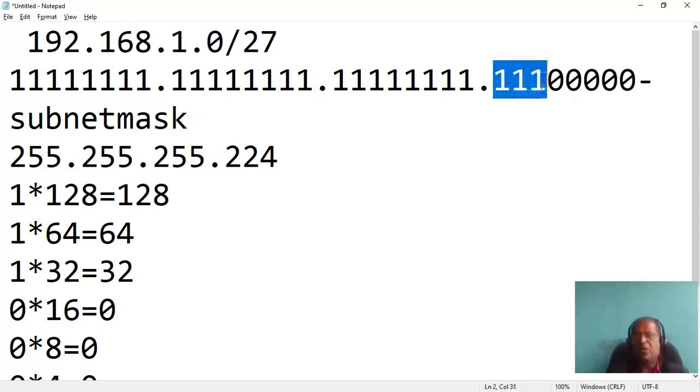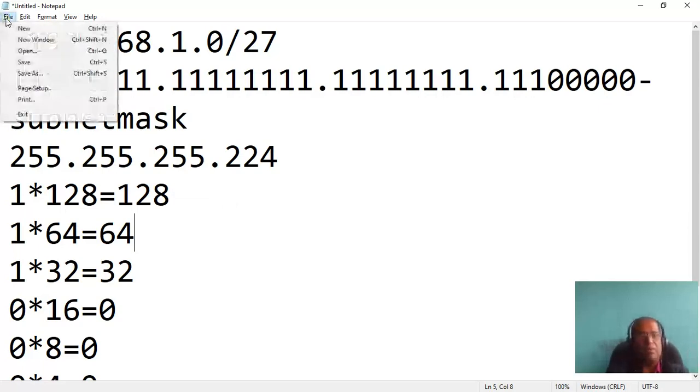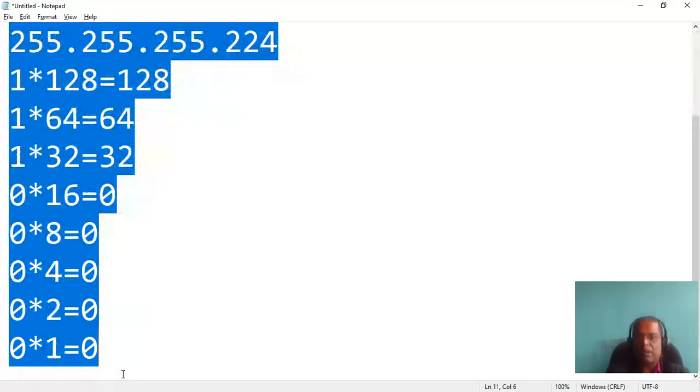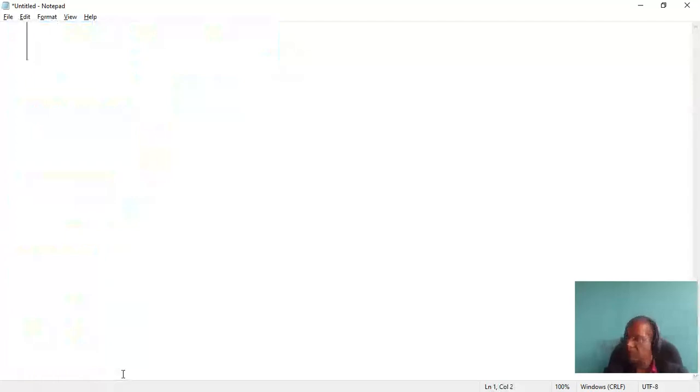When we multiply the value of these ones by their binary position-based values, you get 224. Fine. So this is the subnet mask for the network address that we have.